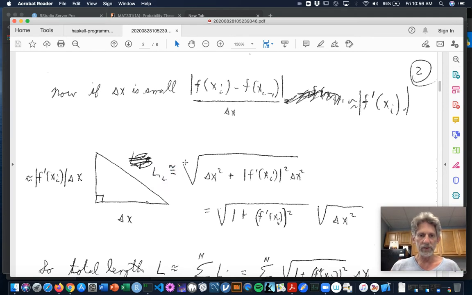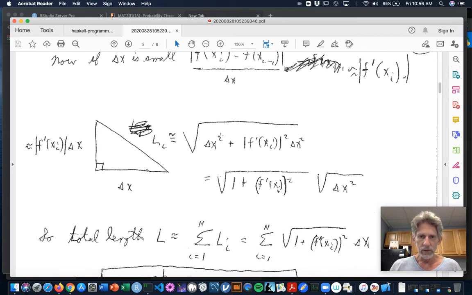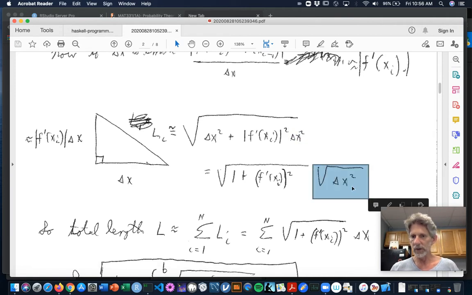So it would be approximately the square root of the sum of the squares of the base and that vertical side. Okay. And when I look at my expression here, there's a common factor of delta x squared in both terms, here and here. And so I could factor that out and just take its square root separately.